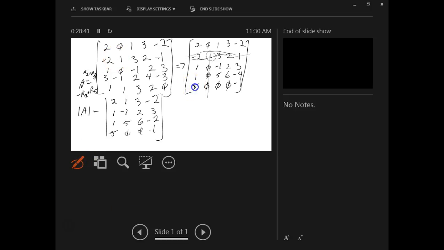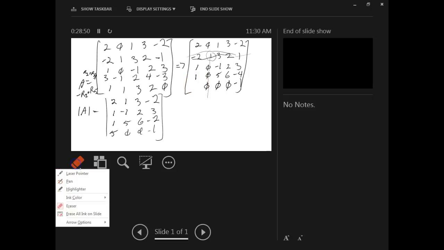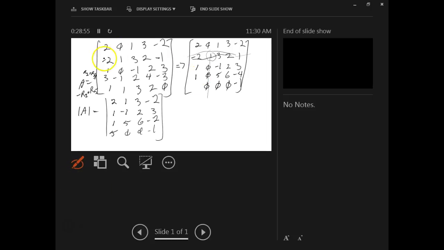I knew something was bizarre. All right. Minus row 2 plus row 5. That's 2 plus 1 is 3. Minus 1 plus 1 is 0. Minus 3 plus 3 is 0. Minus 2 plus 2 is 0. And that's minus a minus 1 is a plus 1. Plus 0.